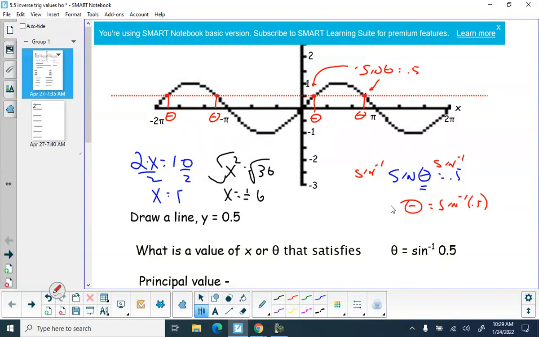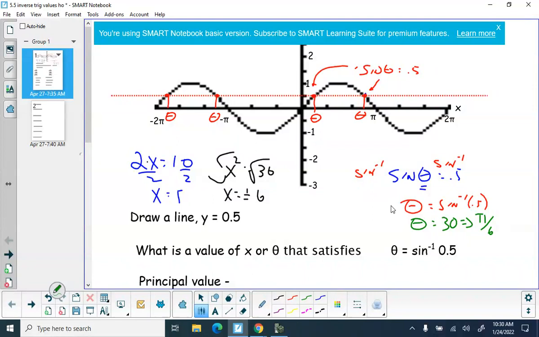We clickety-clack that through the calculator. Inverse sine of 0.5. And you come up with what value? 30 degrees. Which in terms of radians, because I'm all up there in terms of pi, gives me pi over 6.